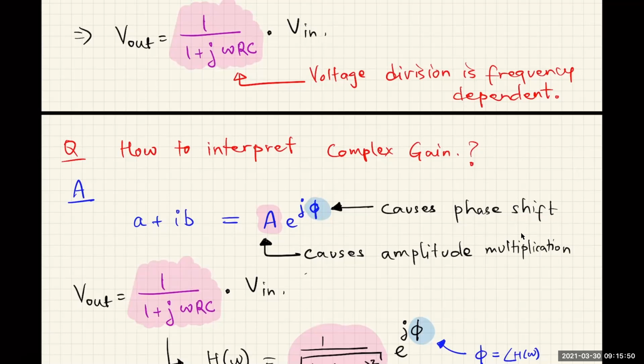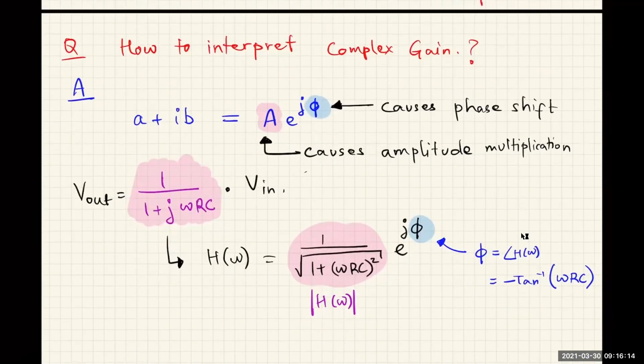So if you had a gain of 3 with a phase of pi over 2, then the input signal will get amplified by 3 and its phase angle would be shifted by pi over 2. That means a sine will become a cosine, or a cosine will become a negative sine, and so forth. So for example, here V out is this multiplication factor times V in.